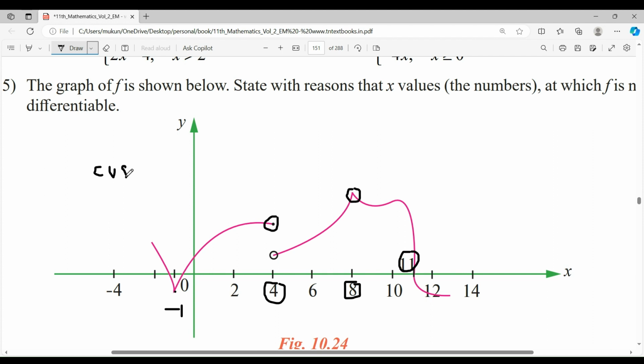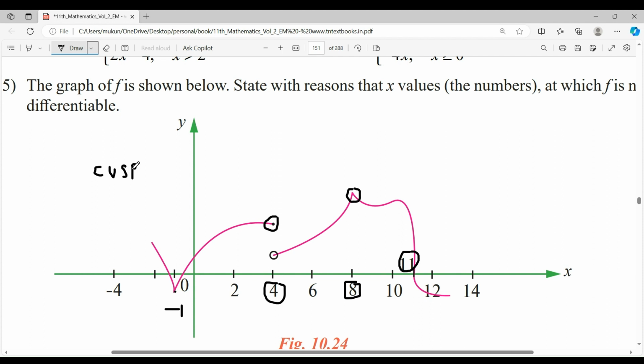So in this case, we really do not know what the equation is, but as I draw a tangent through the point -1, it seems like a vertical tangent, right? So vertical tangent means the slope is infinity.